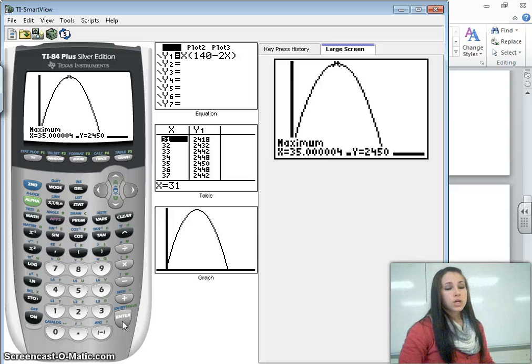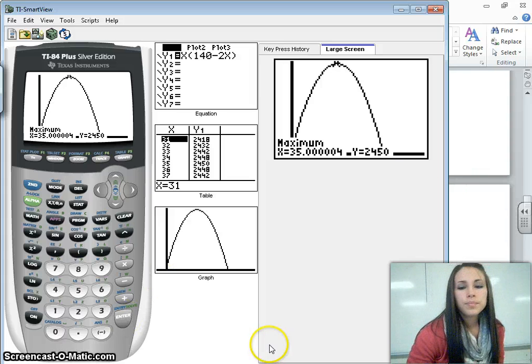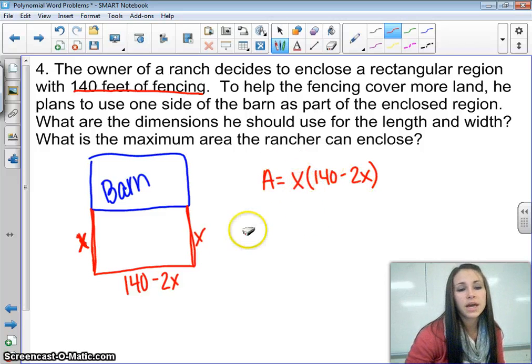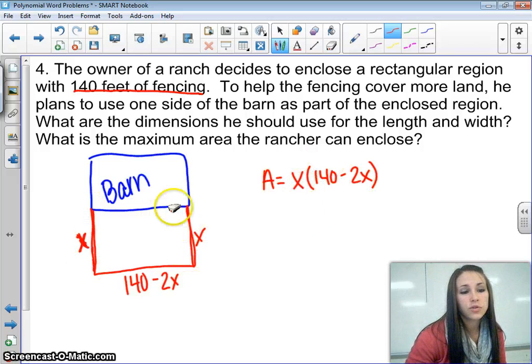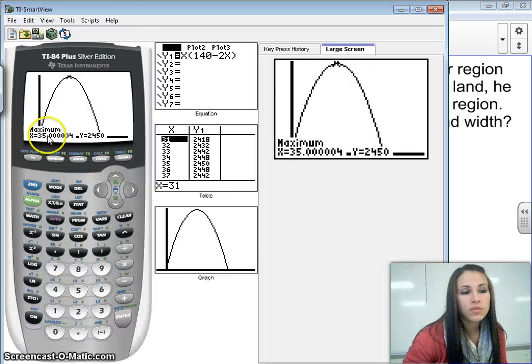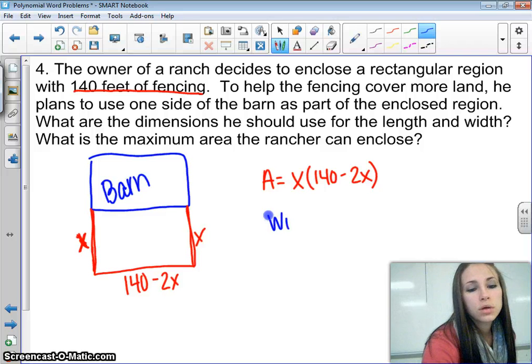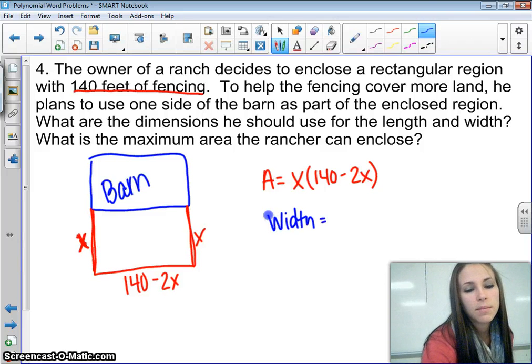There we are. Okay, so in our formula here, x represented the dimension for the width of this thing. When we find x right here, that's going to give us the width that we should use to make that maximum height, and that was 35 feet.